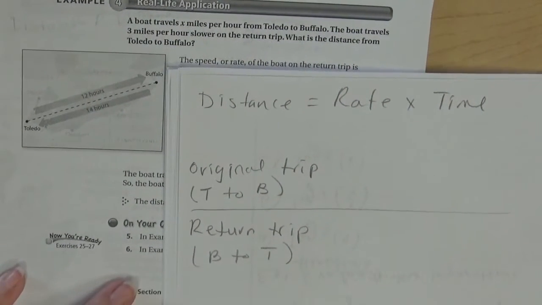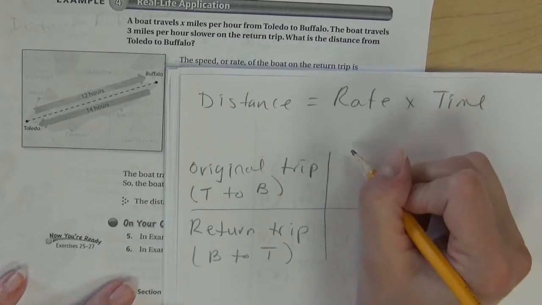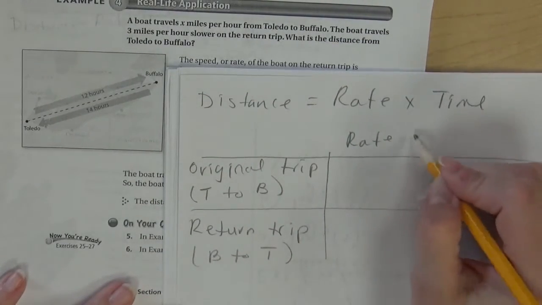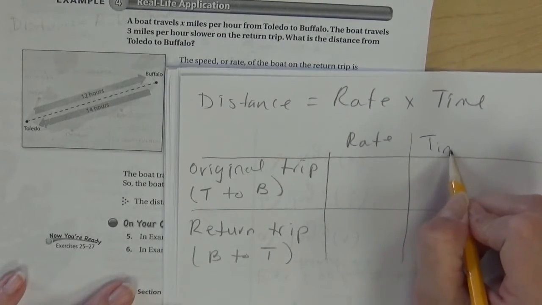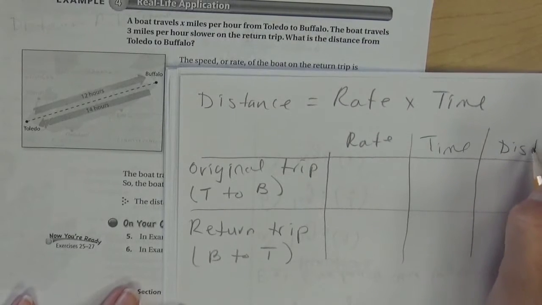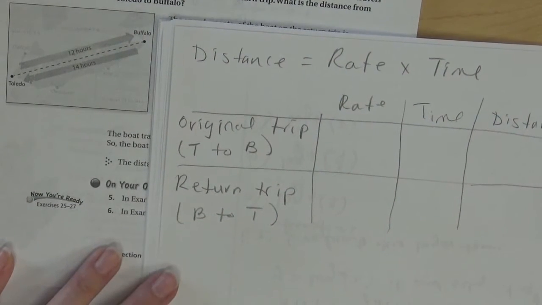I can also use my formula to help me out here, because we're given information concerning the rate and the time, and I'm going to put in a column for distance. So what can we put in here?